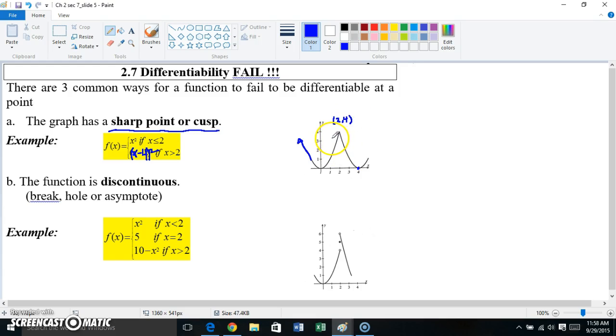Notice the slopes on the left of 2 are positive and the slopes on the right are negative. That means that here at (2, 4), we have a sharp point, and f prime of 2 does not exist.